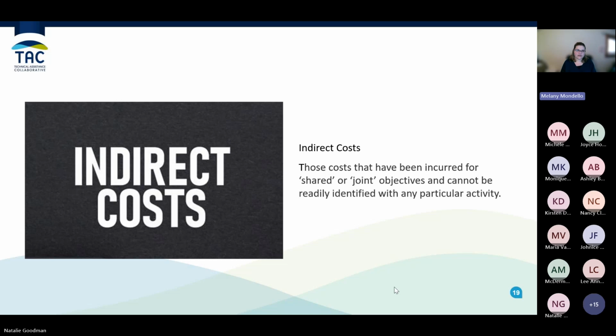Basically, indirect costs are the things that after you've put all the direct costs in place, you've drawn all the lines, anything that's left over is typically an indirect cost. It can't be charged to a particular program. How your agency covers and treats those indirect costs, that's where things are different agency by agency.